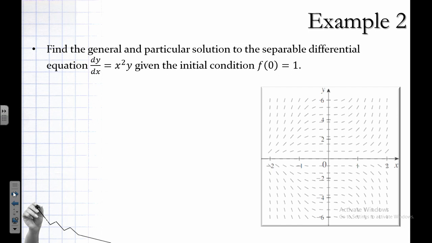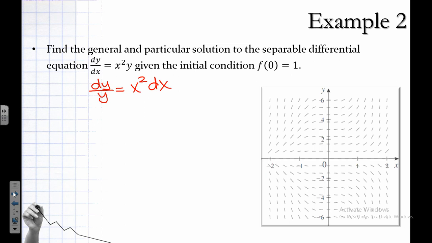Sammy, first step to separating variables. What are we going to do? You divide the y to the other side, and then you use 1 for the dx. Like this? Okay. Here's our separation of variables.